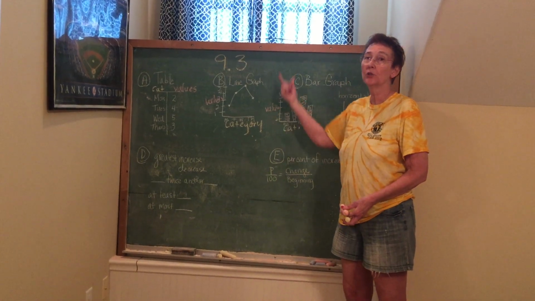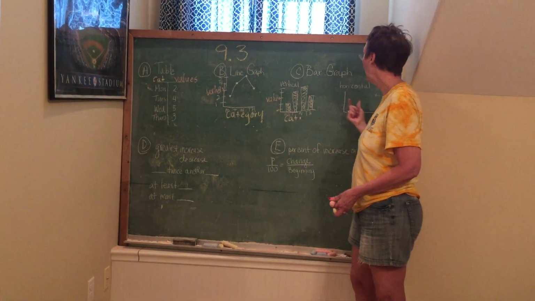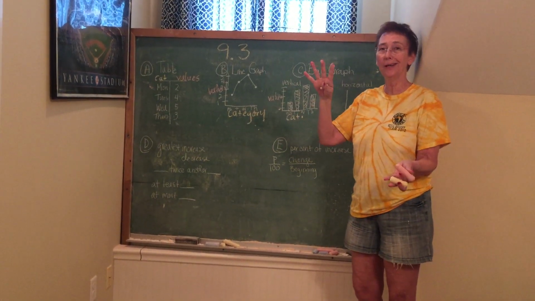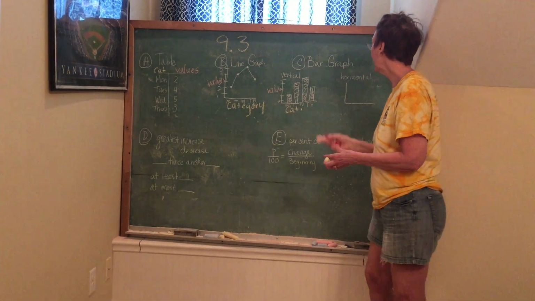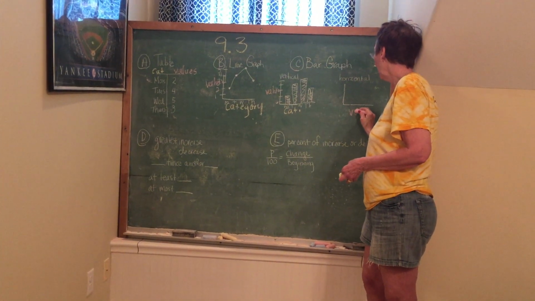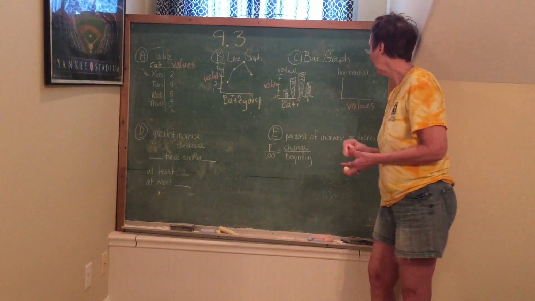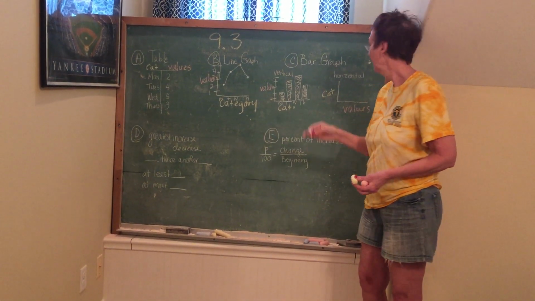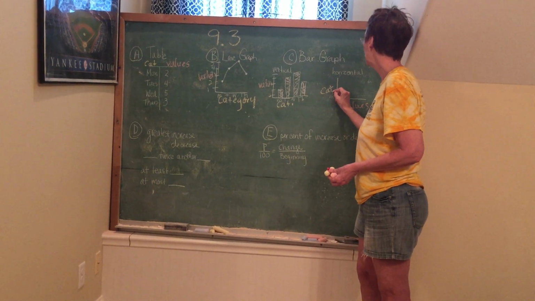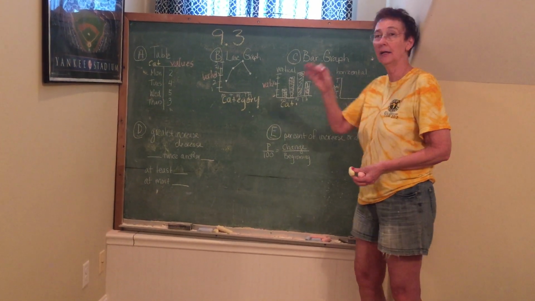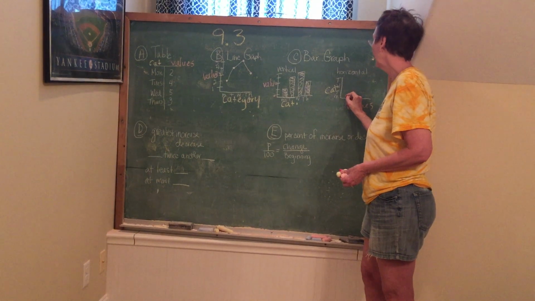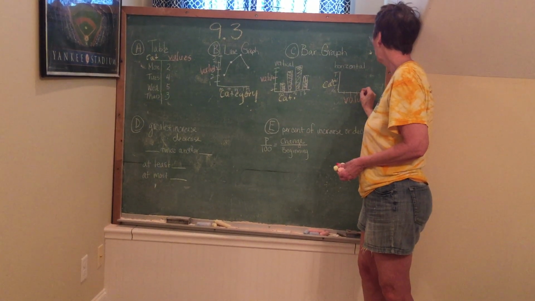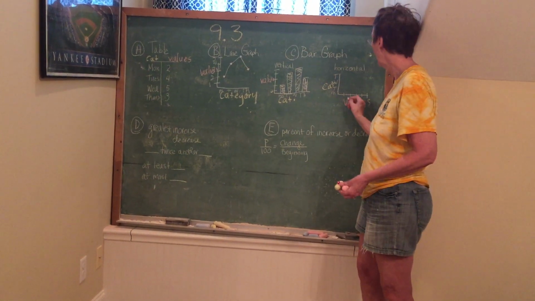Vertical means that the bars go straight up and down. If it's a horizontal bar graph, it's just kind of like you rolled it over. This time, the values are on the bottom and your categories go up the side, okay? So I would have Monday, Tuesday, Wednesday, and Thursday going up the side, and I would have my values of 1, 2, 3, 4, and 5 going across the bottom.